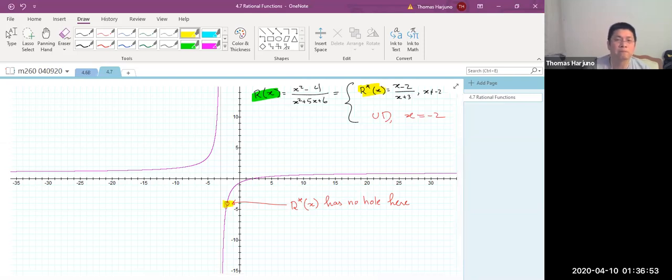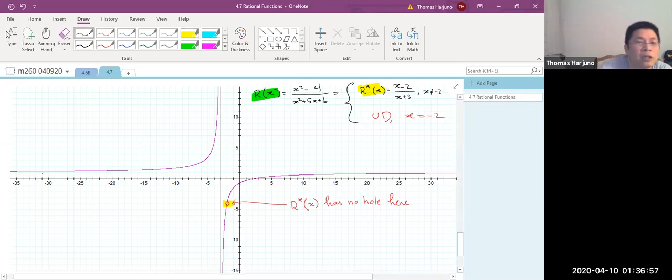Is it okay? Now, one very common question is: find the coordinate of the hole. Now notice that x equals -2 is the one that is undefined at R(x).